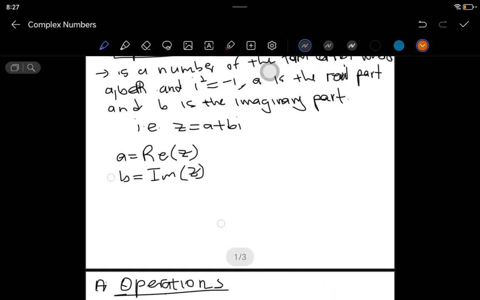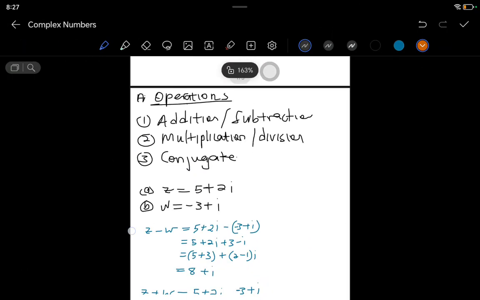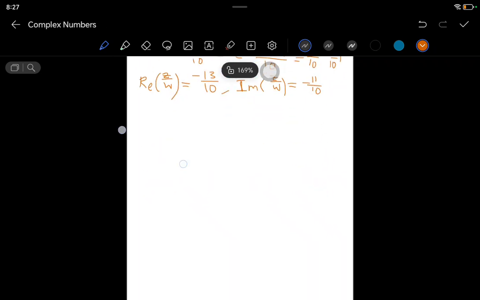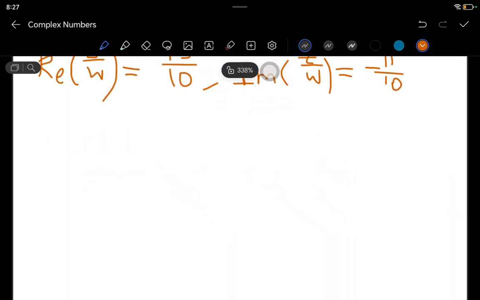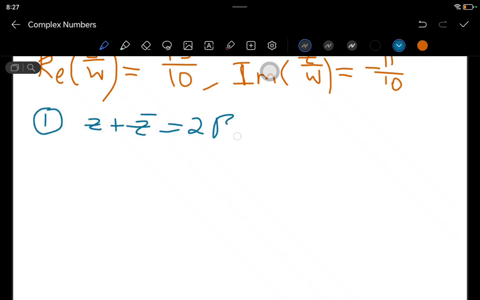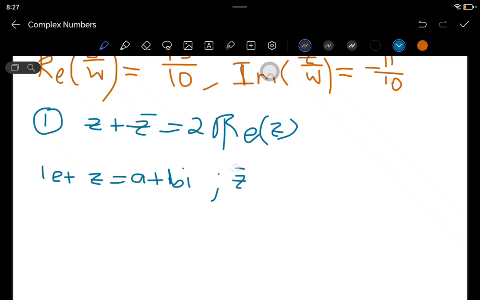The first property there was that Z plus Z conjugate is equal to 2 real of Z, right? Now, if we let Z be equal to A plus BI, we know that the conjugate of Z is A minus BI.